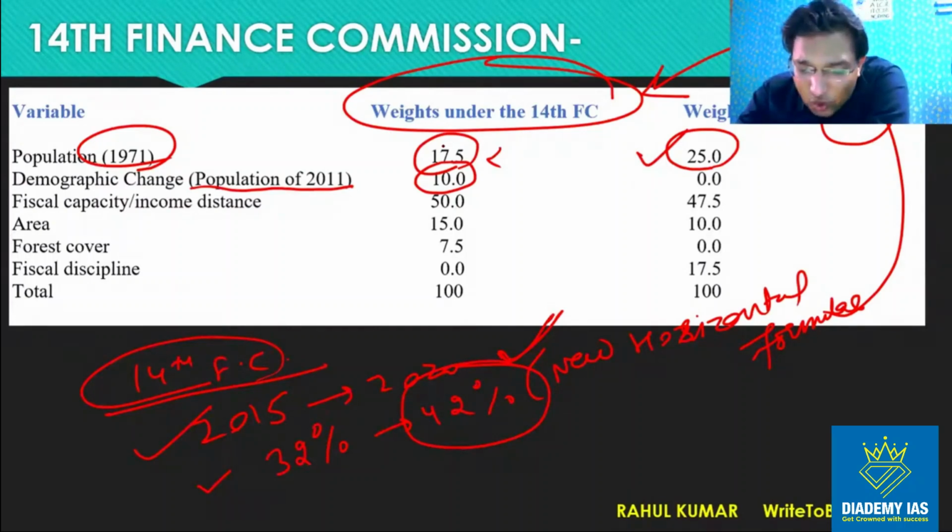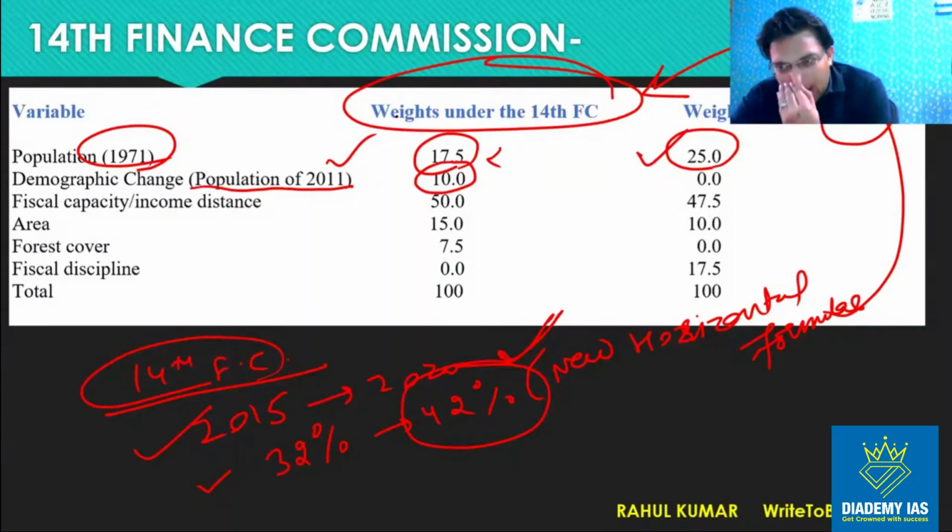The reason is because when the population of northern states is increasing, their requirement of resources is also increasing. Their requirement of health, education, infrastructure is also increasing. So they need to be given the funds according to their population also, right? So we are not saying that we will give 25% as per 2011 population, but at least we can start with 10%.